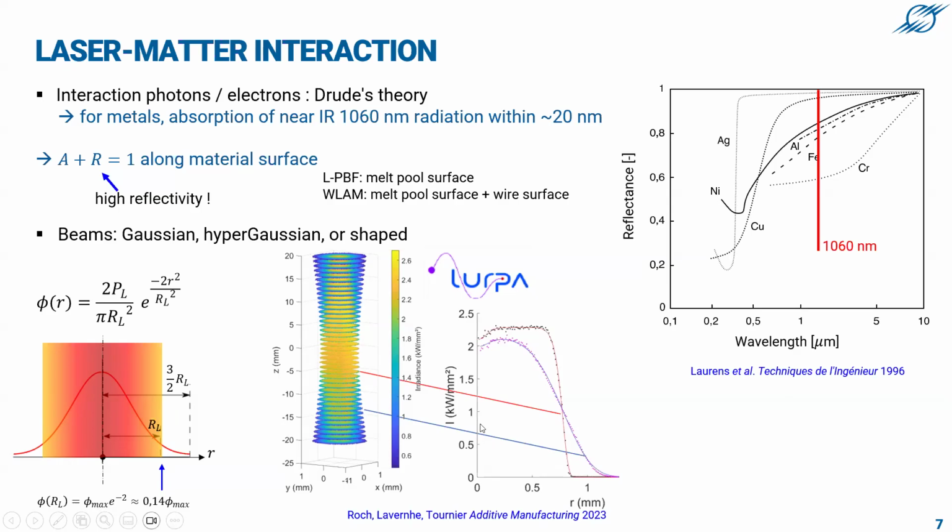So here you have a simple example of how the energy distribution may vary when you depart from the focal point of the laser beam. It can be Gaussian, far from the focal point, or top hat near the focal point. And those are results from colleagues of École Normale Supérieure in Paris-Saclay.